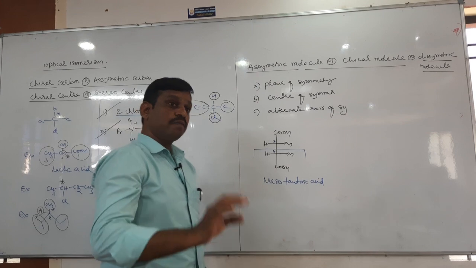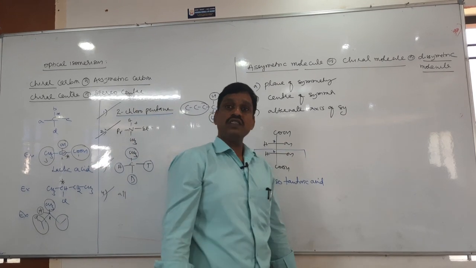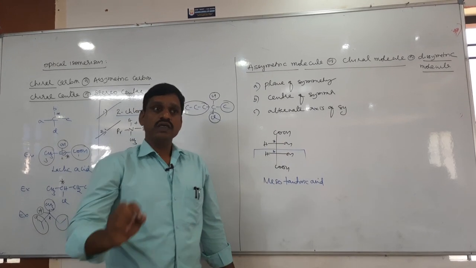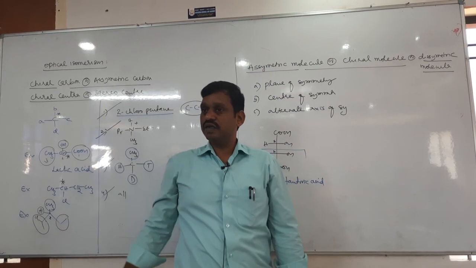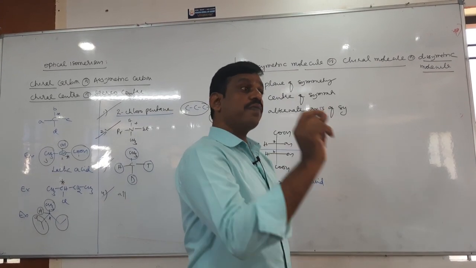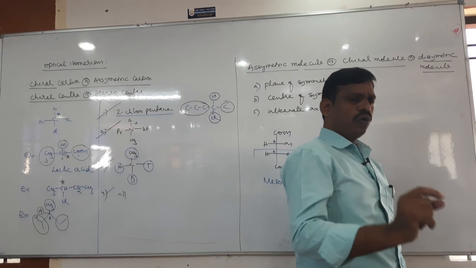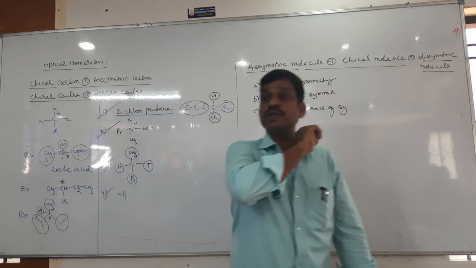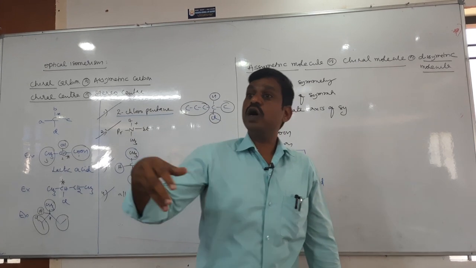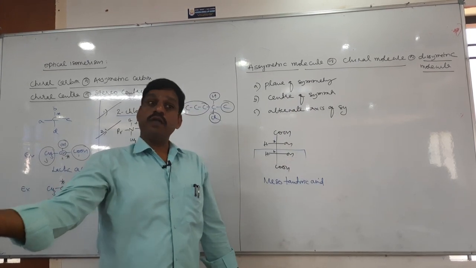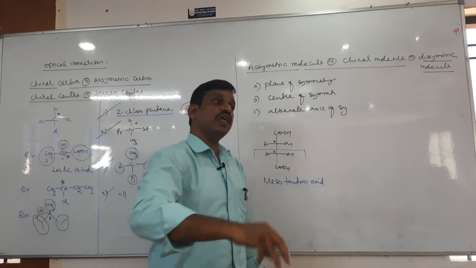Right? That means for optical activity, what is the condition, what is the criterion? Chirality is the criterion but not a chiral carbon, chiral center. But if any molecule has only one chiral carbon, it is 100% optically active. If a molecule has two or more chiral carbons, it may be optically active, it may be optically inactive.